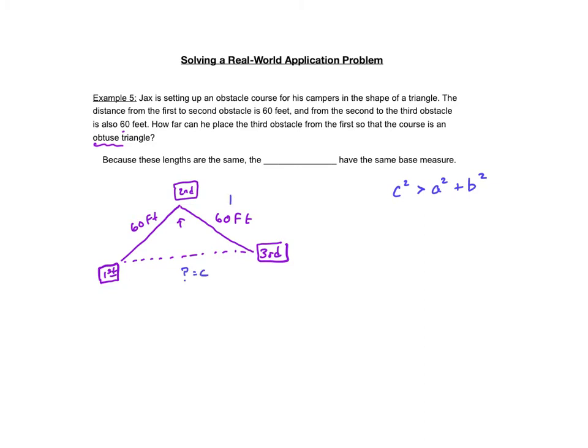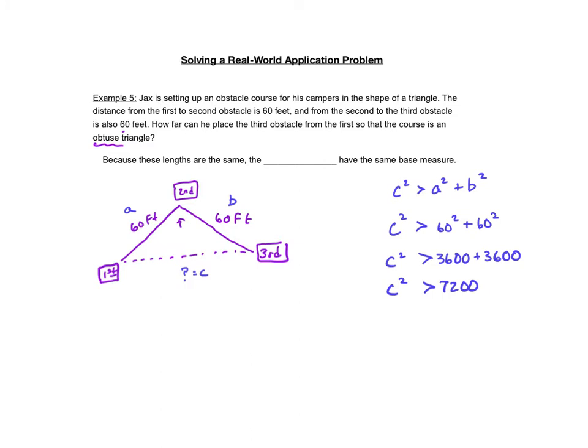We have a and b, so I could say that c squared is greater than 60 squared plus 60 squared. So c squared is going to be greater than 3,600 plus 3,600, or c squared is going to be greater than 7,200.